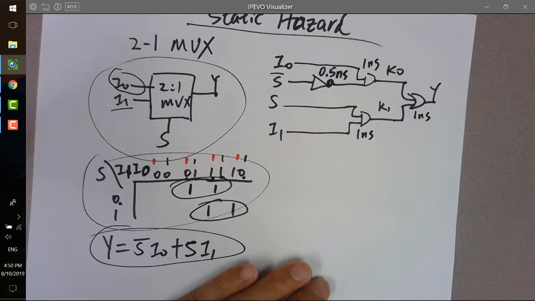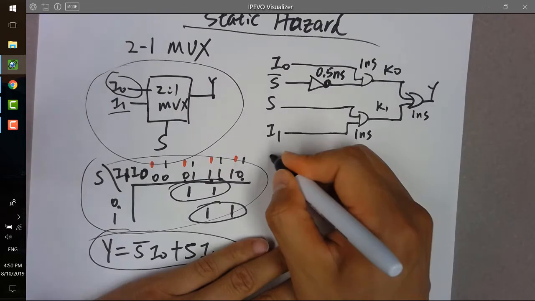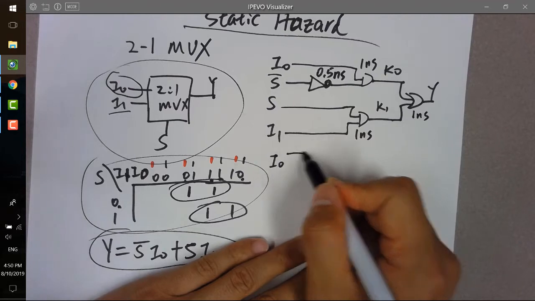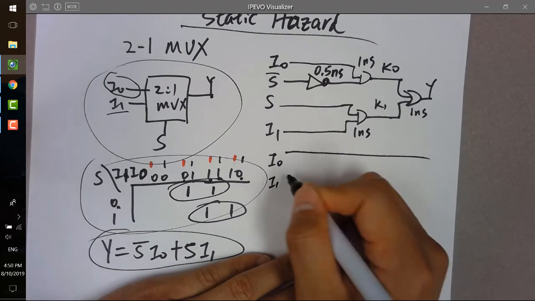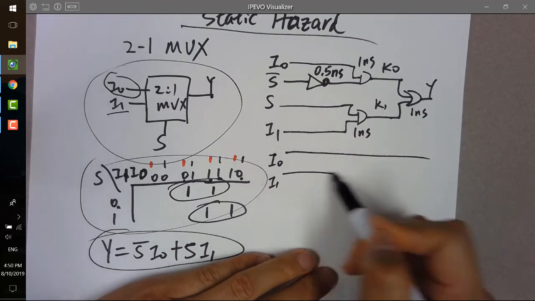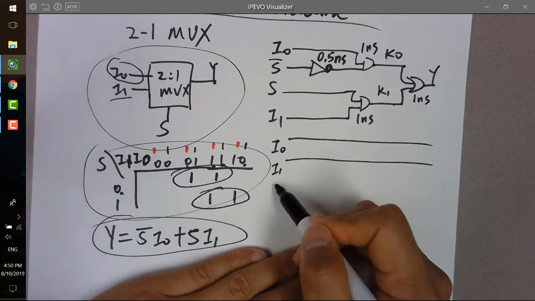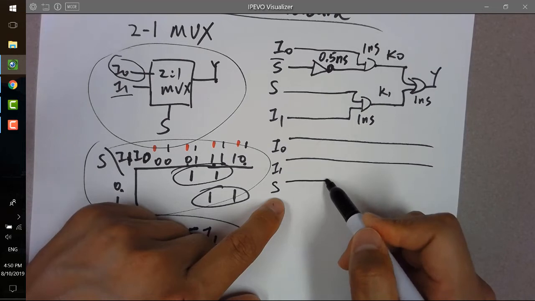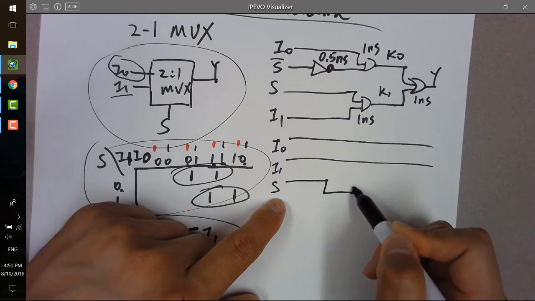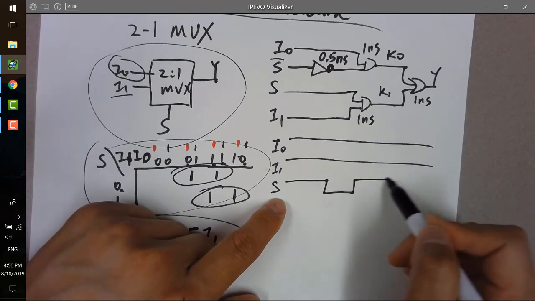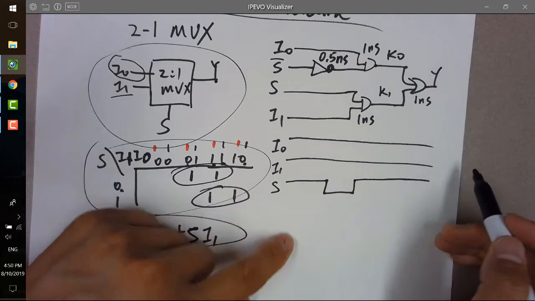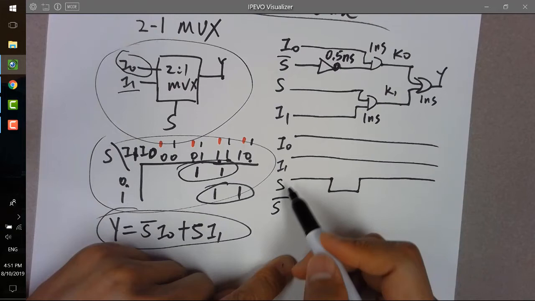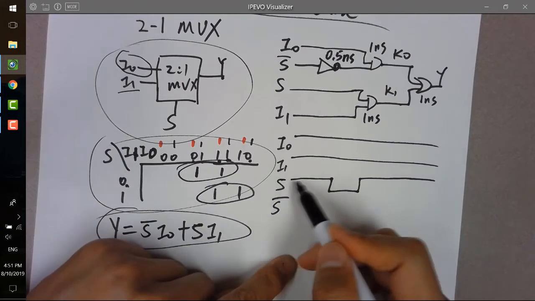And now we have our signal lines. I0 is always 1, I1 is always 1, for example, and we have our selection signal S to be 1 at the beginning, then being turned off for 1 nanosecond, and then being turned on. So what will S bar look like given this selection signal?